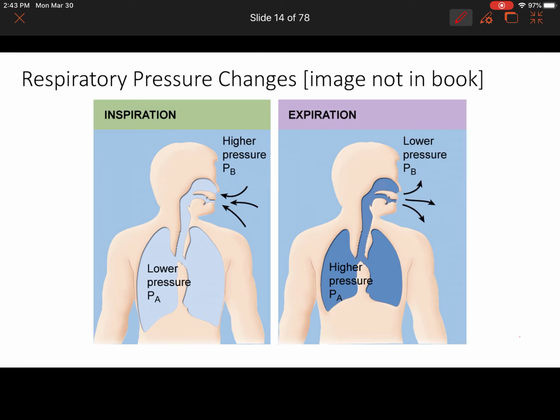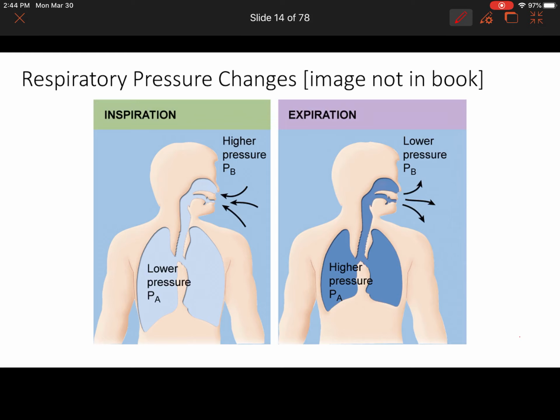In order for air to be exchanged between the outer environment and our thoracic cavities, there has to be a pressure gradient. In other words, there has to be a pressure difference between the inside and the outside of the body.